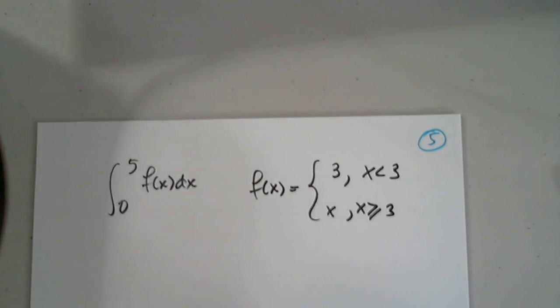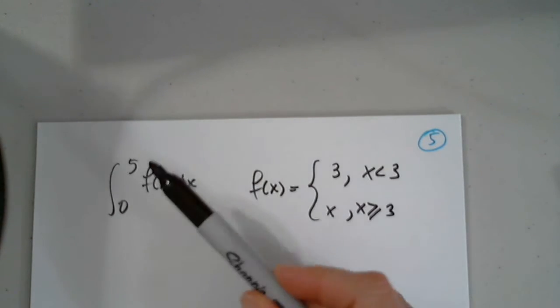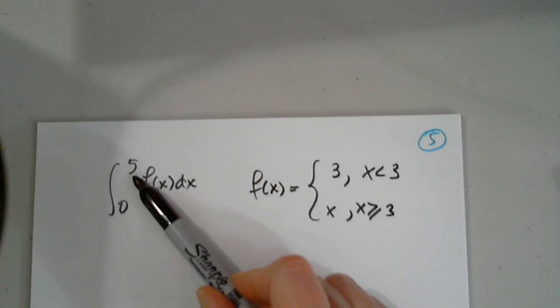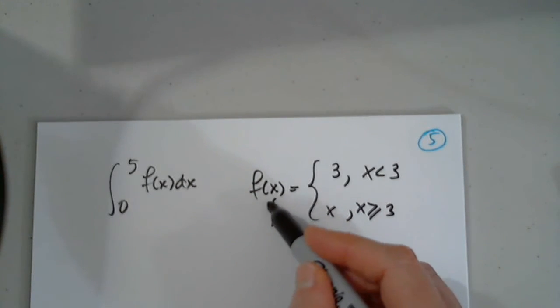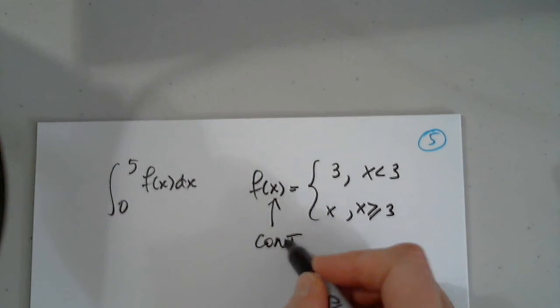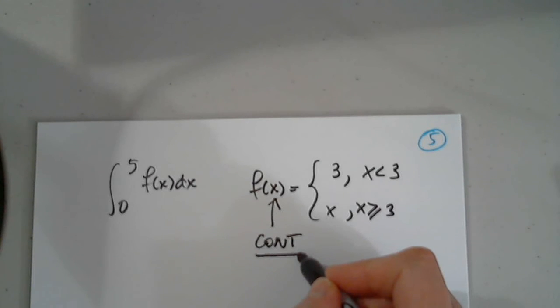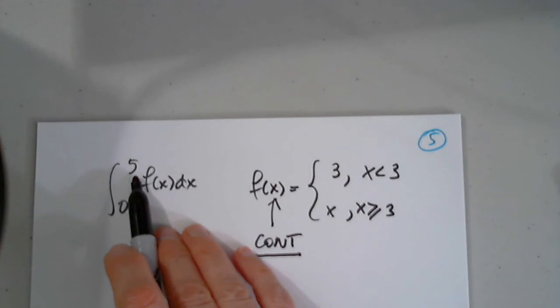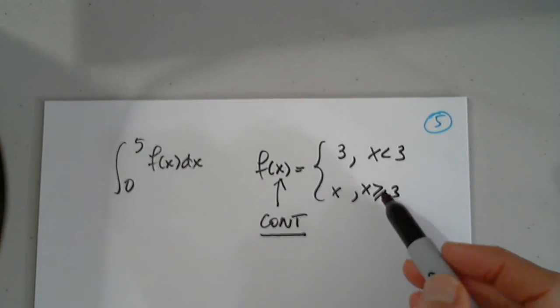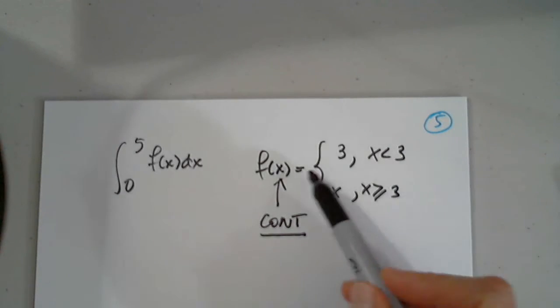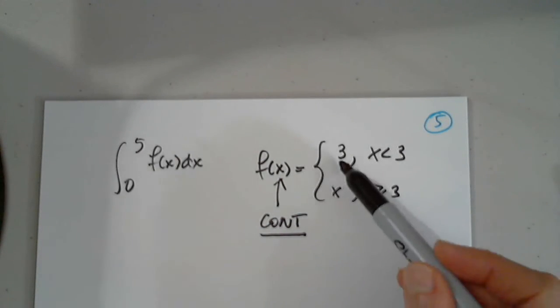Thank you. So first of all, when we talk about this interval 0 to 5, the function must be continuous on 0 to 5. And it is. It's continuous to the left of 3, it's continuous to the right of 3. And what about 3?